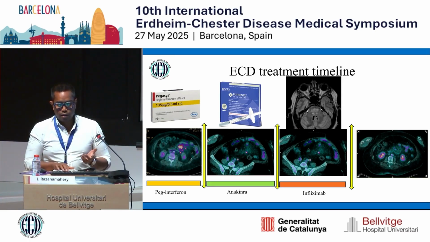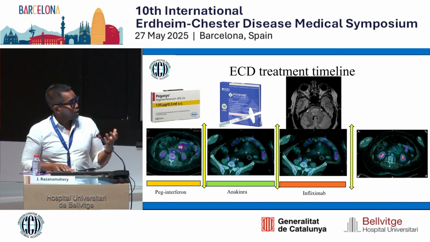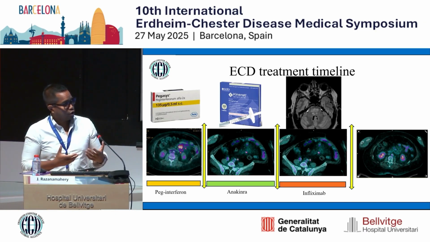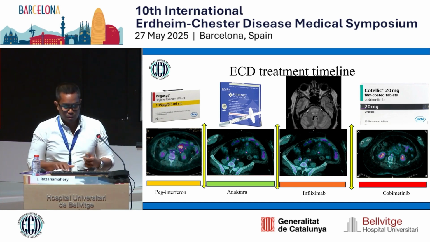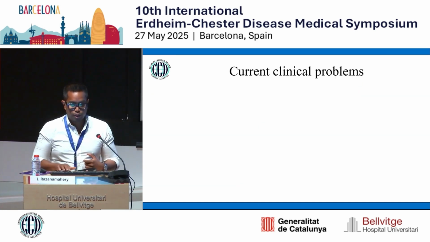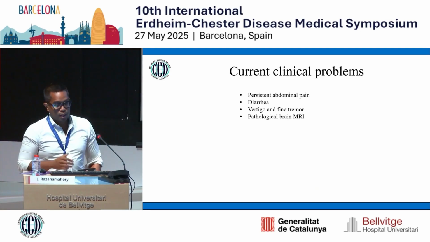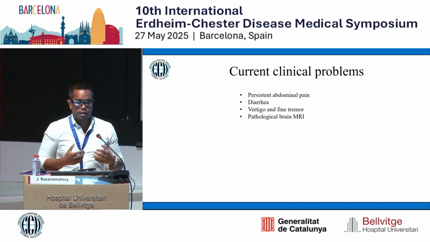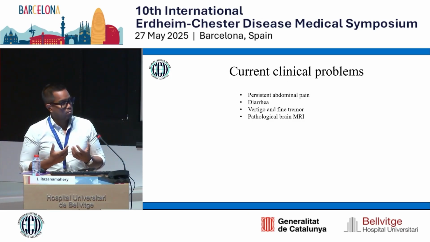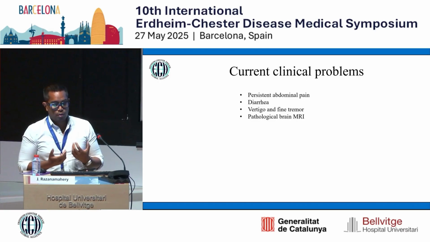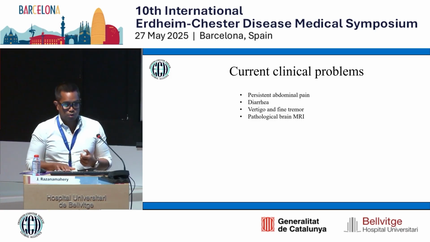So we stopped it, and you still have a response on the initial lesion of the PET CT, and then we started the MEK inhibitor cobimetinib. But with the treatment with cobimetinib, there was still a problem because the patient still had abdominal pain and diarrhea, which could be caused by the MEK inhibitor. She has vertigo and fine tremor, and of course the pathologic brain MRI.